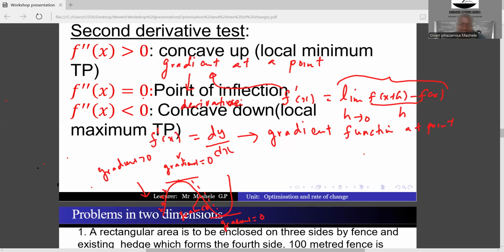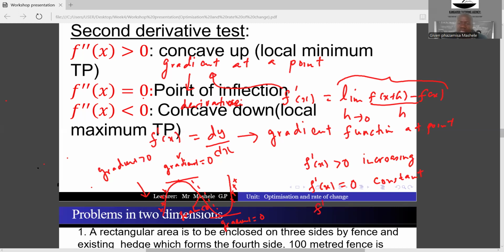Then this side, it's increasing, it means its gradient is positive. So what does it mean? When you talk about gradient in calculus, we're talking about f prime x. If f prime x is bigger than 0, that line is increasing. If the gradient is 0, that line is stationary or constant.